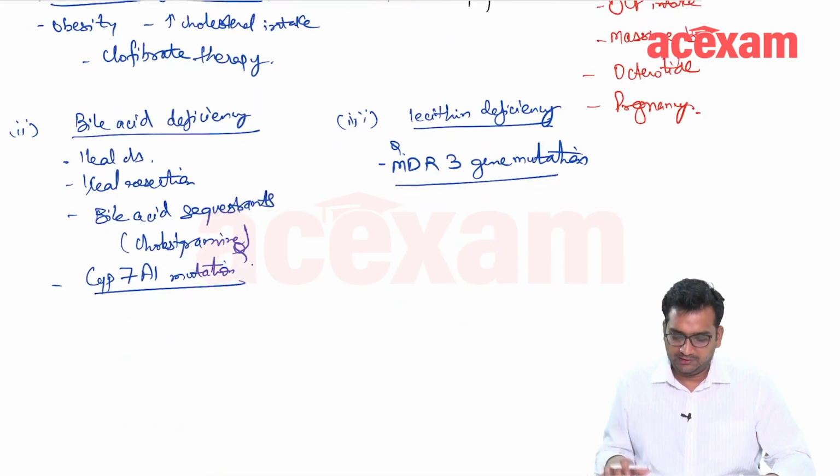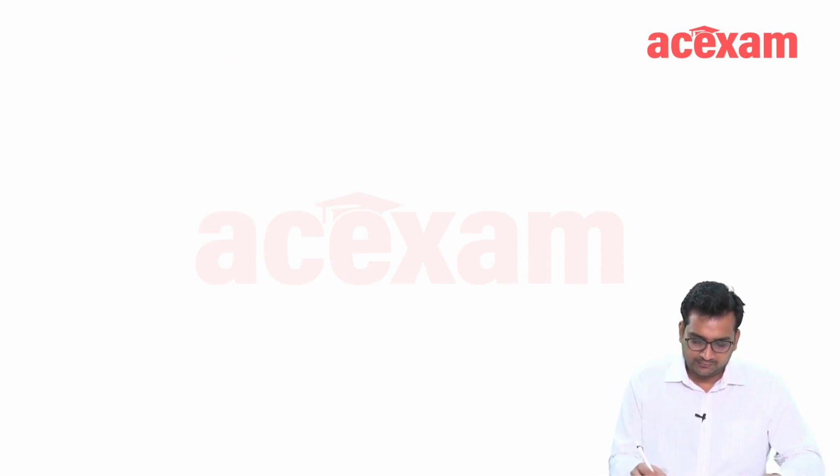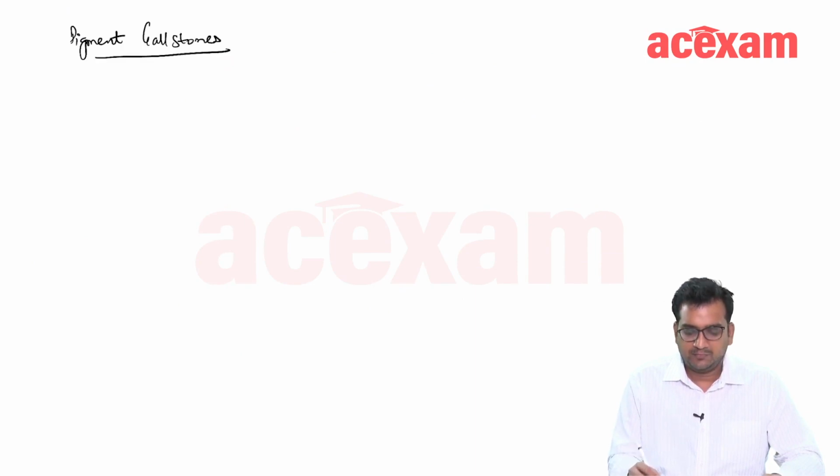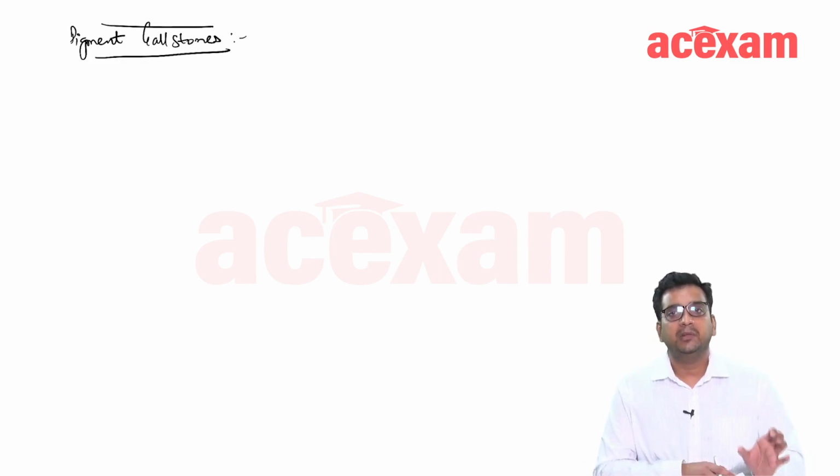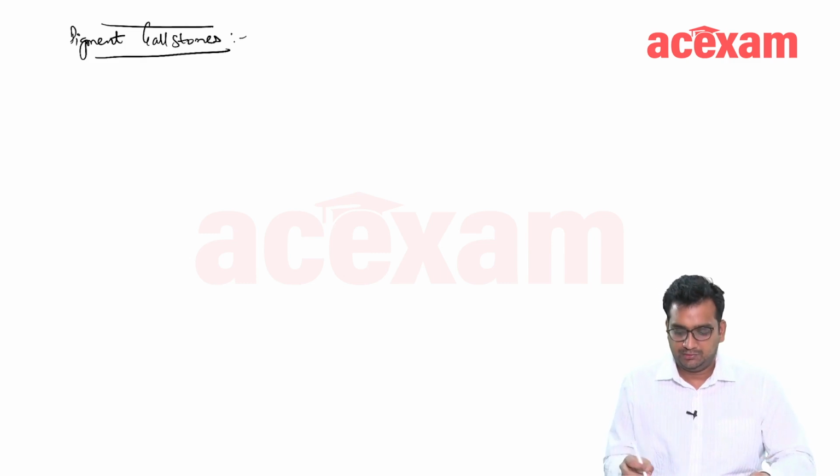Now the next point is regarding the pigment gallstones. I have told you that pigment gallstones are of two types, black stones and brown stones.